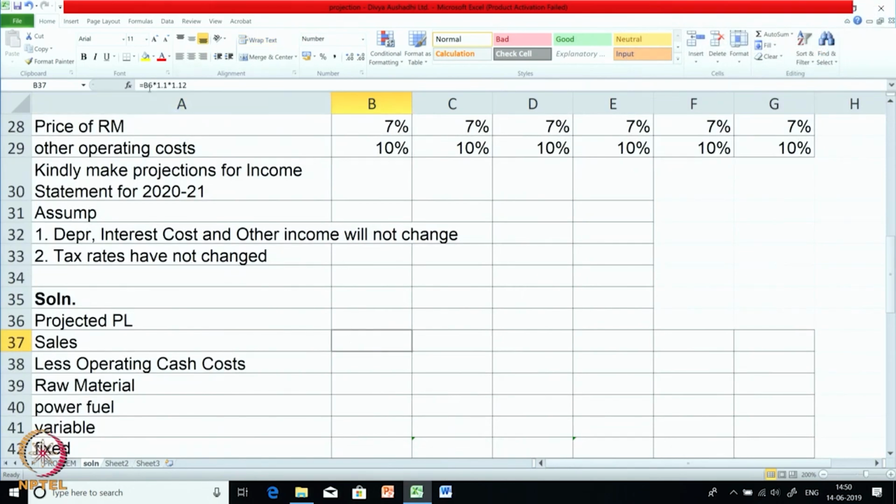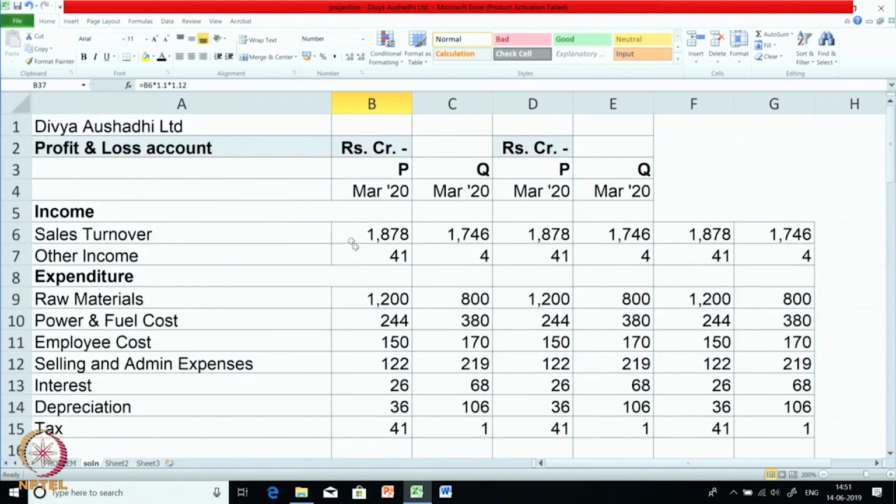So for the first company P, the figure is 2314. More than the figure, please note the way it is calculated. Look at it carefully. B6 refers to the original sales. This is B6, 1878.